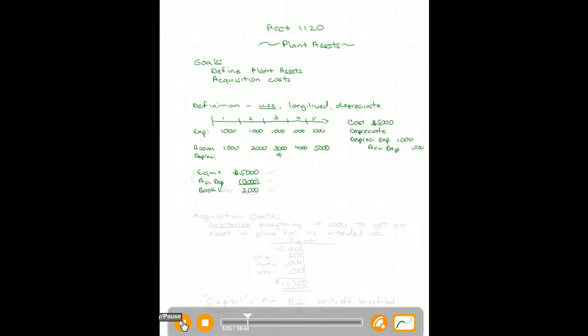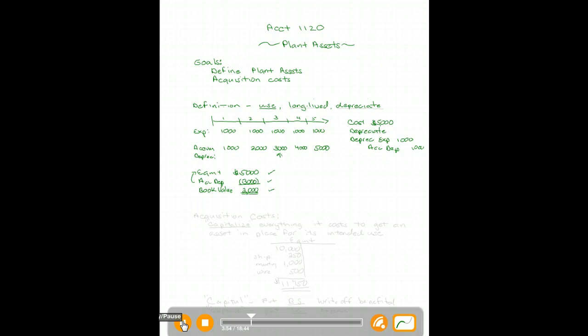We usually don't write the word book value on financial statements, but it is a concept. And it is how much we have left to write off. In this case, our equipment costs $5,000. We have written off $3,000 so far, and we have $2,000 left to write off. Accumulated depreciation is a contra account, and it's contra to the equipment account. And this is how we recognize we're using it up.